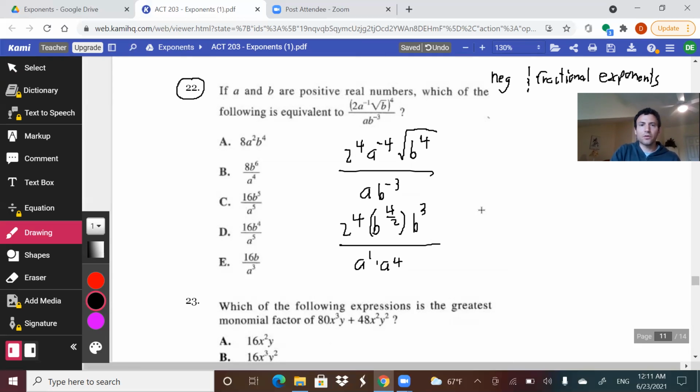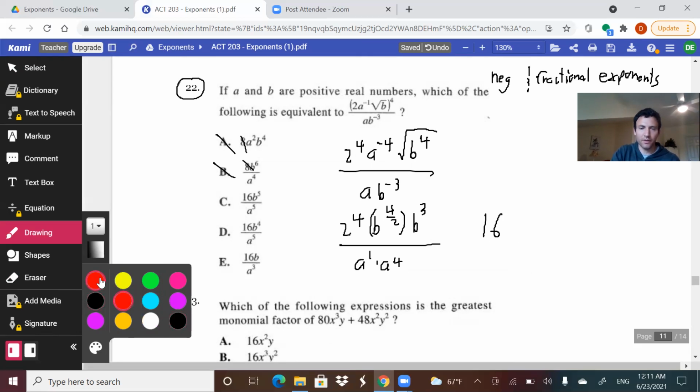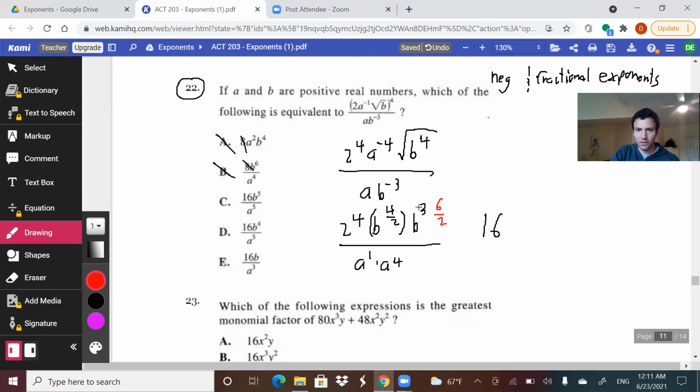Okay, so immediately out front we get 16. That gets rid of a and b, right? We don't want 8. Then, because they have the same bases, we can add the tops. So we're going to call this 3 over 2, right? So that's important. This is not 12.